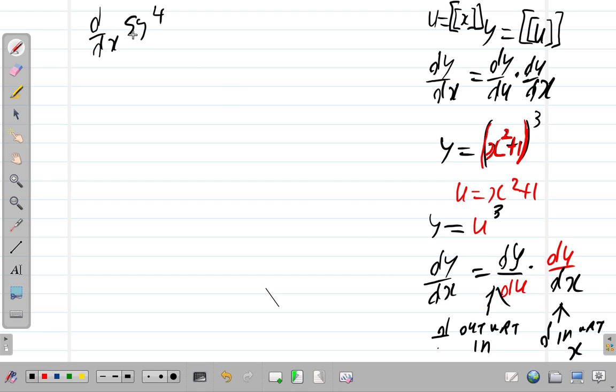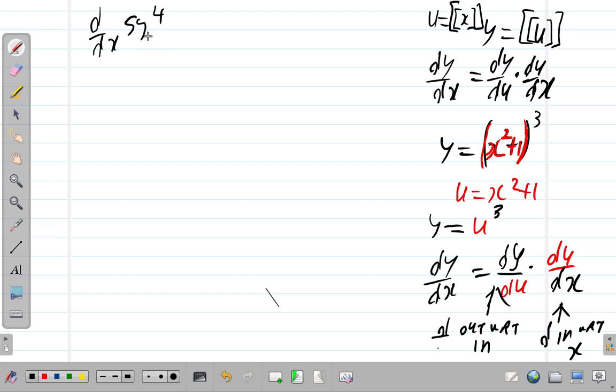Now let's look at this. Y is a function because in this case you say y equals x squared plus 1 cubed, which is a function of x. But you're saying that y is equal to that, so y must be a function of x.